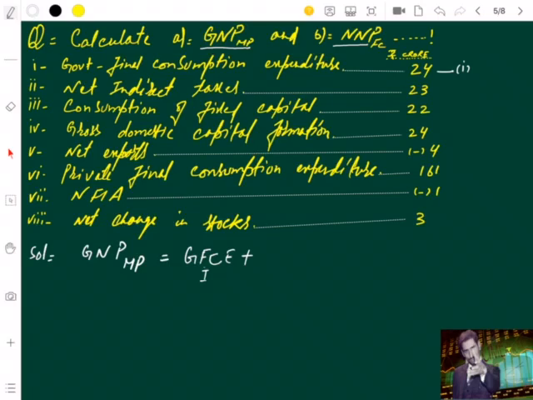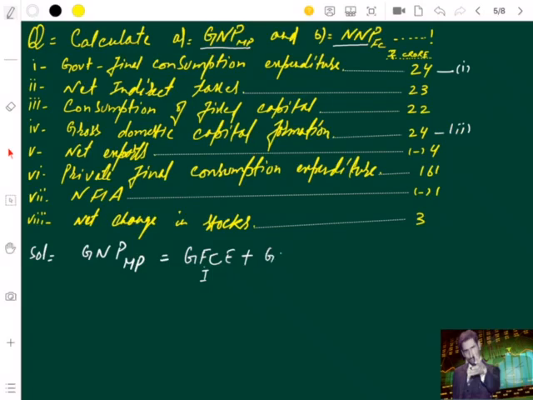I am writing first, plus second, plus third because in a lot of books you will find it like this. Then net indirect taxes? That comes later. Consumption of fixed capital, that is depreciation, that will come later, we won't require it. Gross domestic capital formation, your fourth one, yes, we will require it.